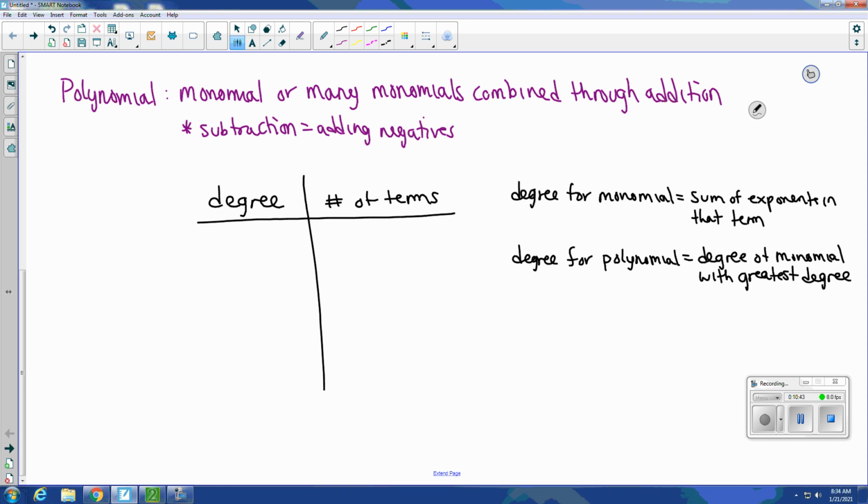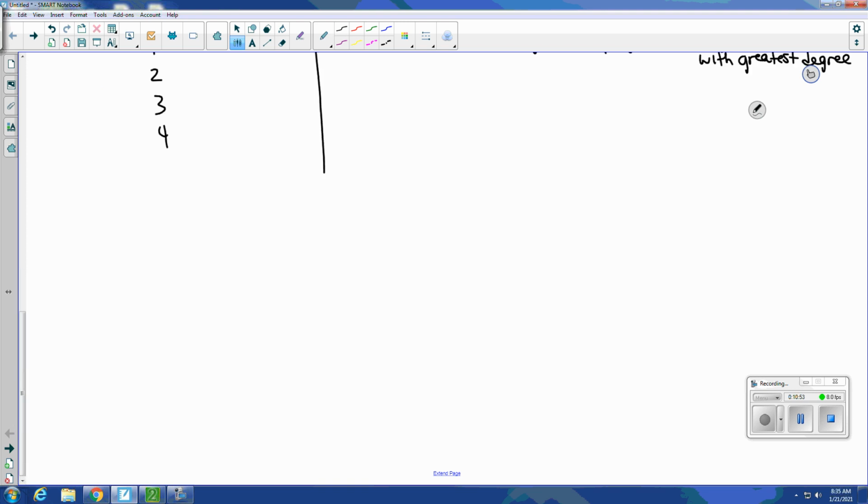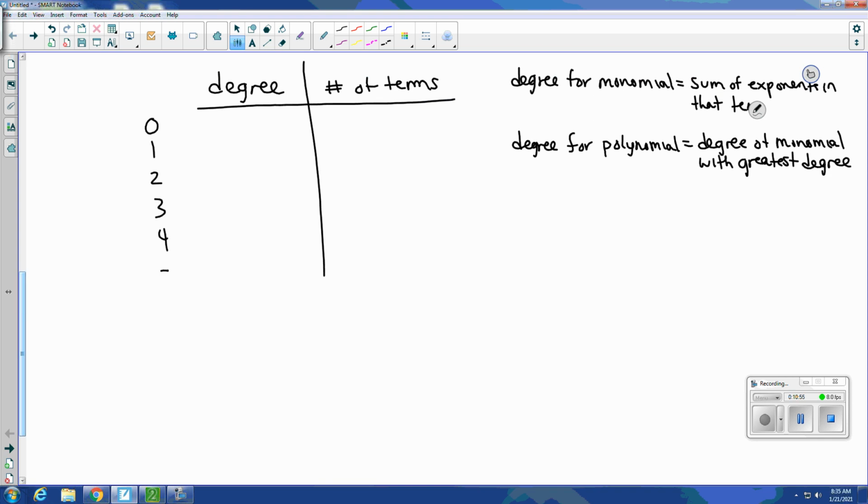So let's go through the different numbers. So it could be 0, 1, 2, 3, 4. Make a little chart here. 5, 6, and it could keep going. So in terms of degree, if it's a 0 degree polynomial, so something where the exponents sum to 0, so there are no exponents present, that would just be a constant.